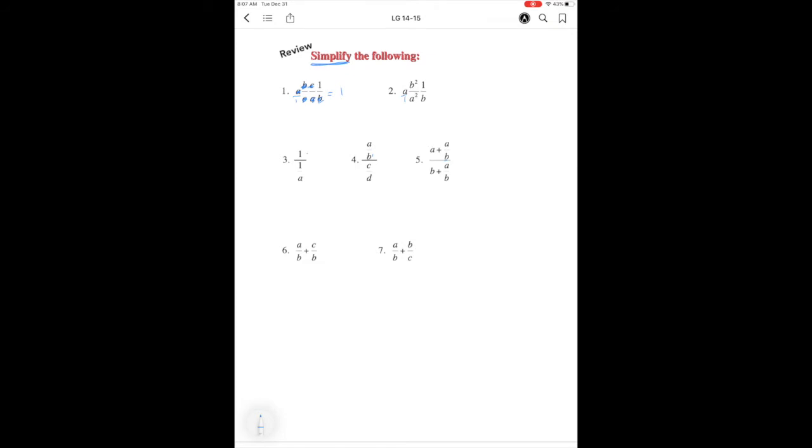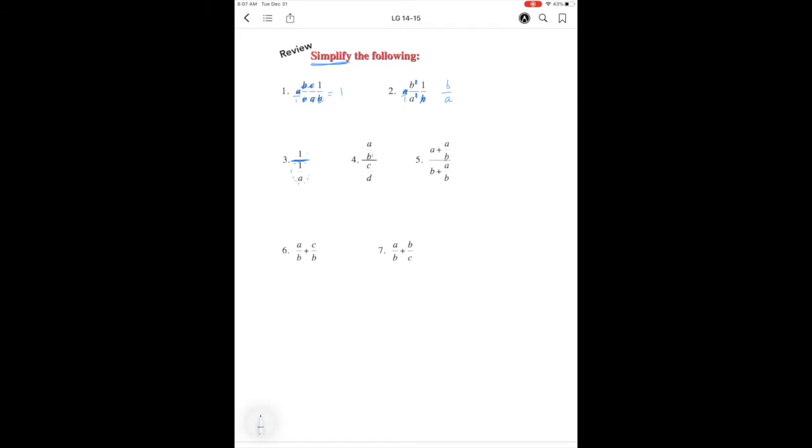Here, now I see one A on top and two A's on the bottom, so this cancels and this becomes a 1. The B is on the bottom and two B's are on the top, so this becomes a 1 and that's gone. So we're left with B over A.